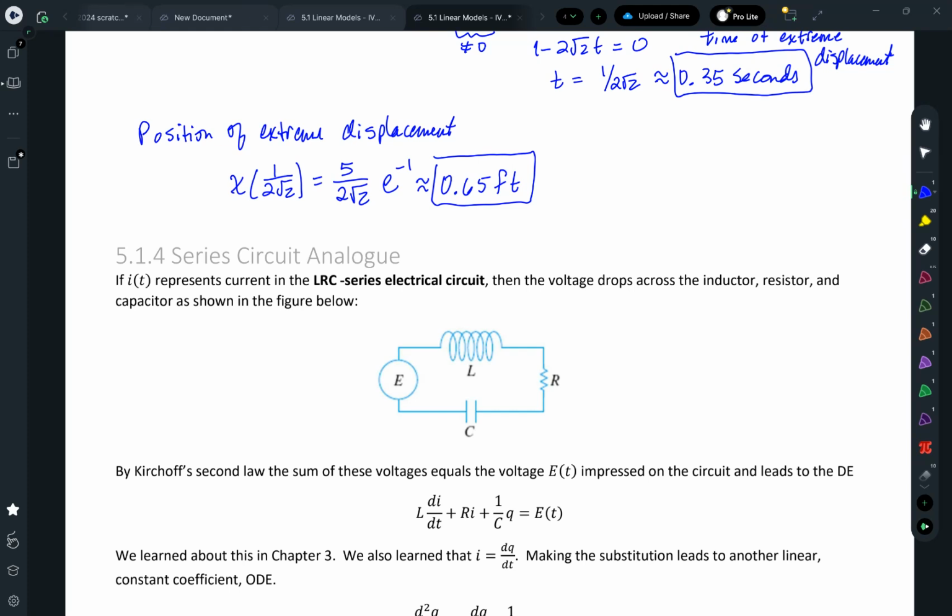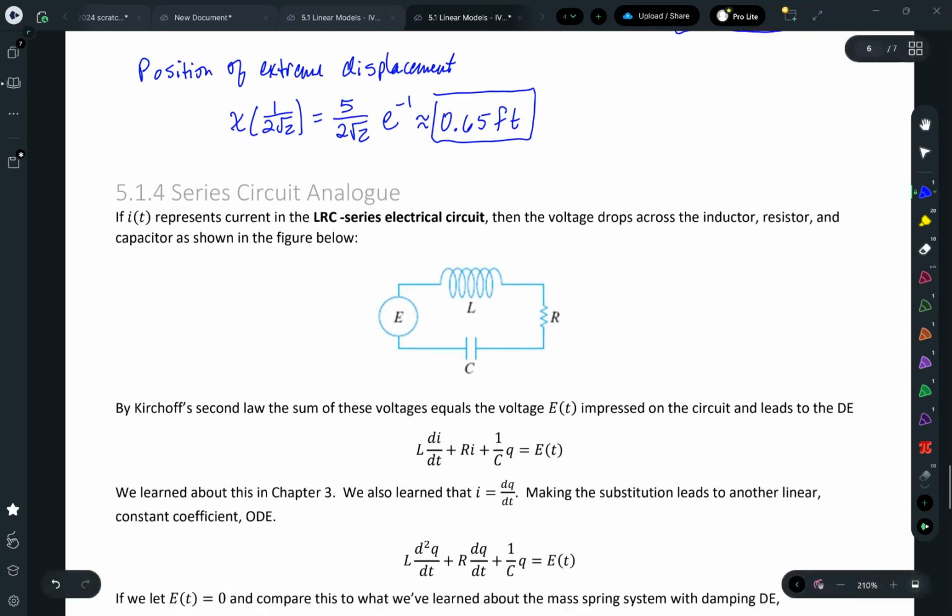So if i(t) represents current in the LRC series electrical circuit, remember L is inductance, R is resistance, and C is capacitance. We did talk about these first order problems way back in chapter 3, okay? But if i(t) represents the current in the LRC series electrical circuit, then the voltage drops across the inductor, resistor, and capacitor is shown in this figure below.